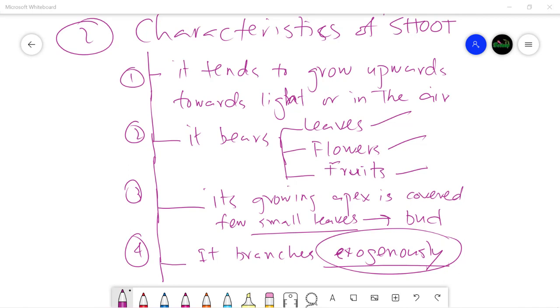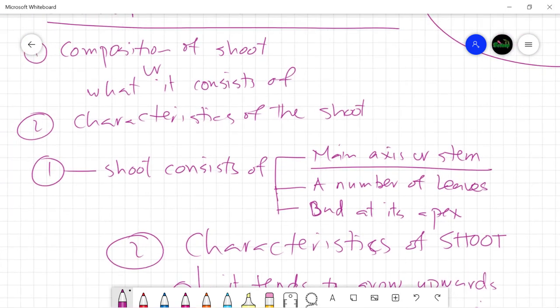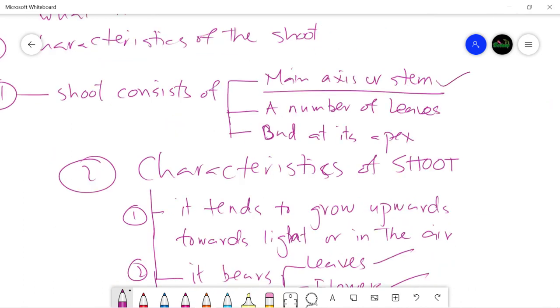This is the third chapter that we have started, and in the previous video, the first introductory video, we discussed these things: the composition of what the shoot consists of, which is a main axis, leaves, and a bud which is present mostly on its apex.